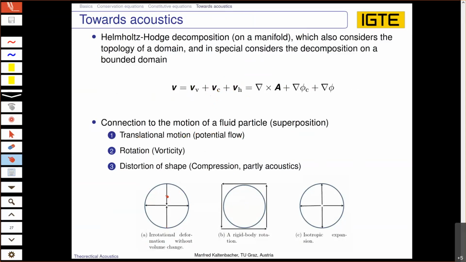So we have here the distortion of the shape, and in this sense we have three physical fields, where our vortical field is really the classical flow structures we have within incompressible flows, and the compressible part is decomposed into two physical fields, which we can both describe by two scalar potentials.